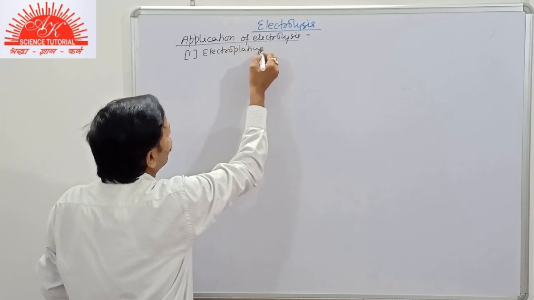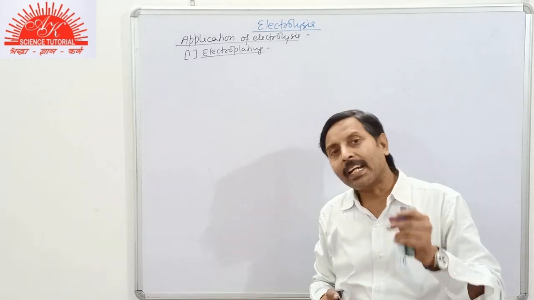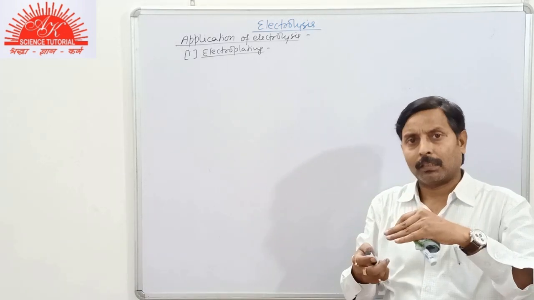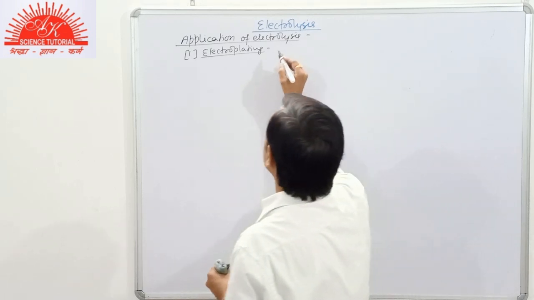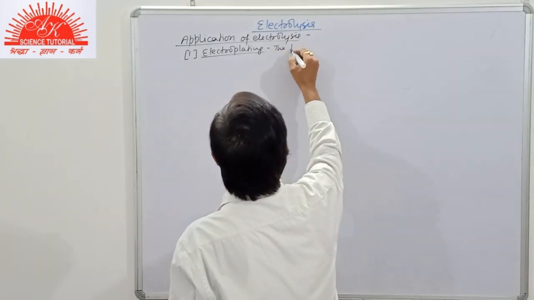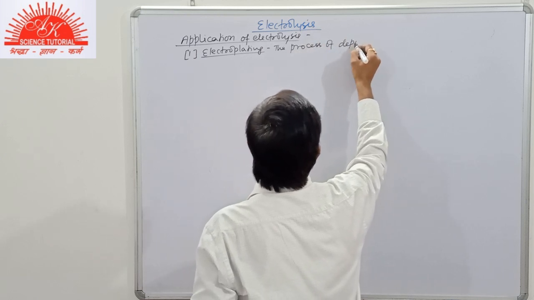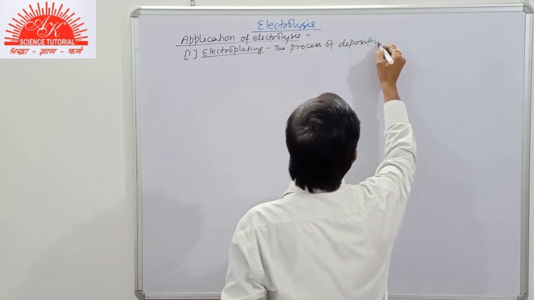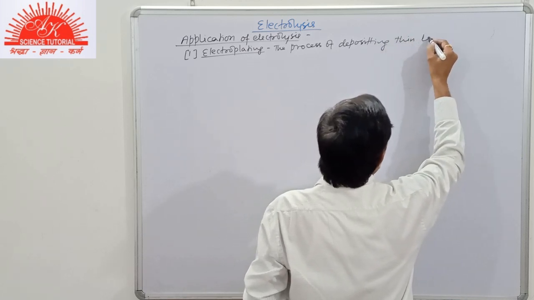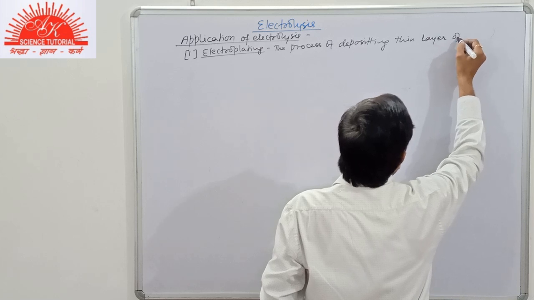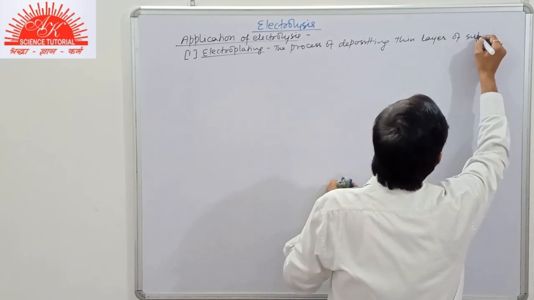Electroplating. As the name suggests, electro means electricity, current, plating means depositing, making a layer over another substance. So it is the process of depositing a thin layer of superior metal.